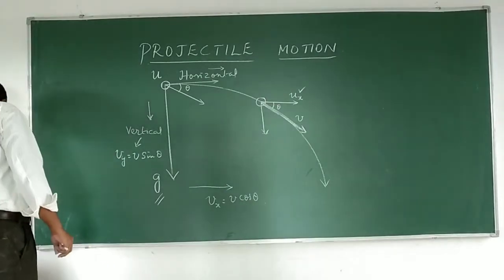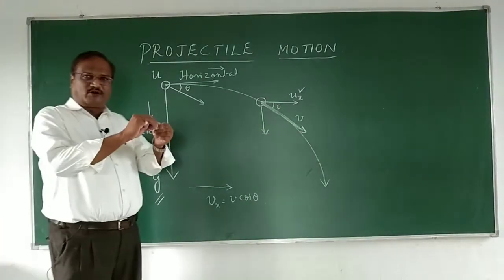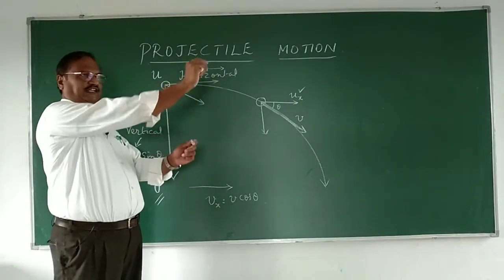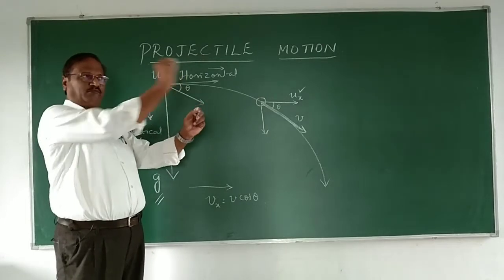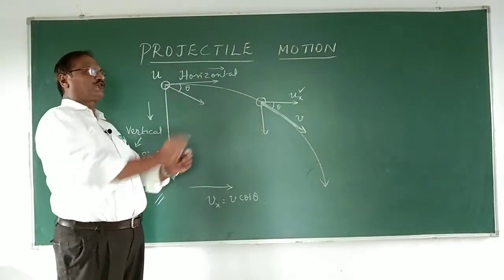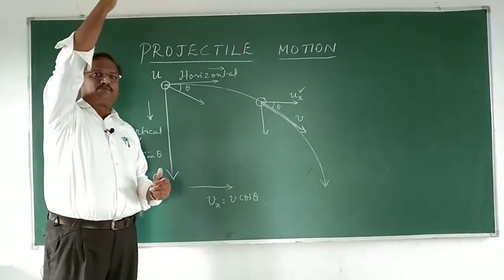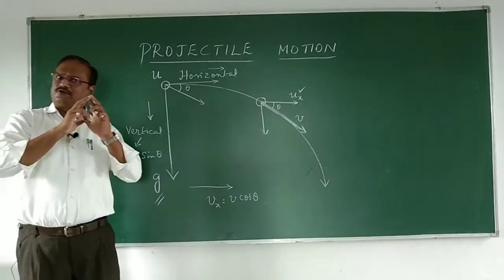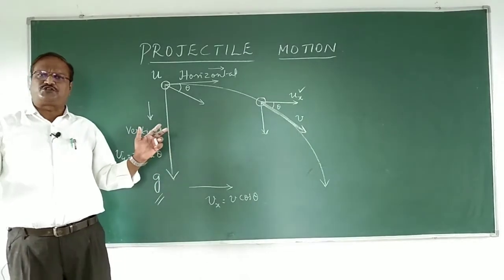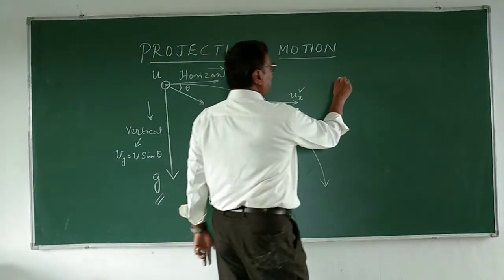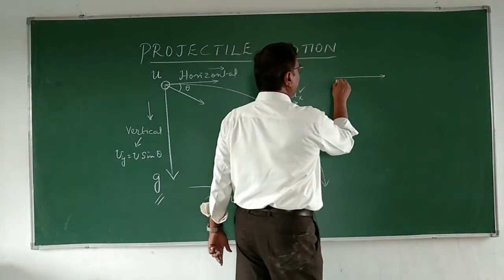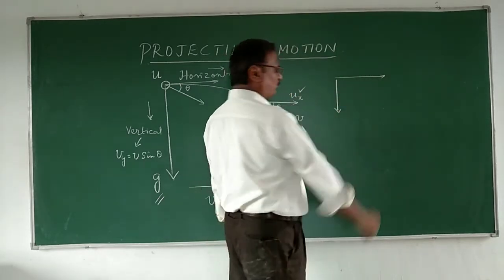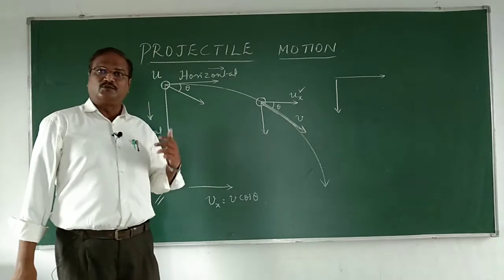Now, one thing we should be very clear about. When I throw this body horizontally, the horizontal motion and the vertical motion are independent of each other. They are totally independent of each other. That means the velocity which I supplied does not have influence on the vertical motion.